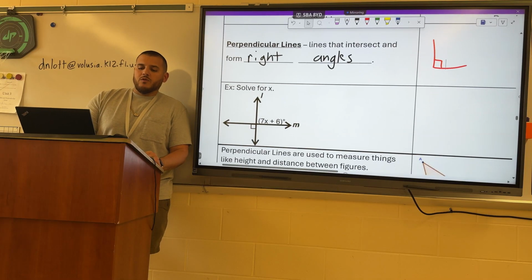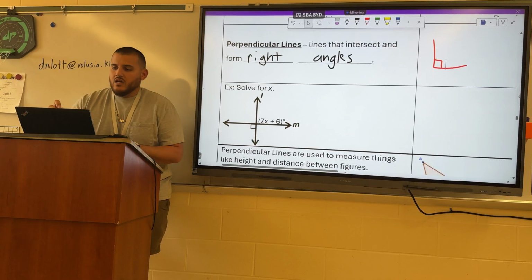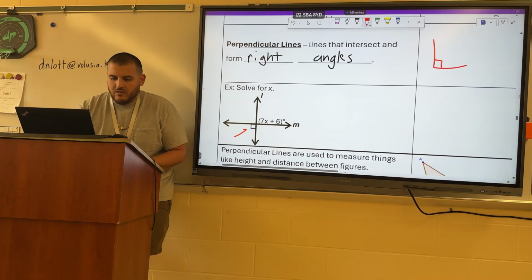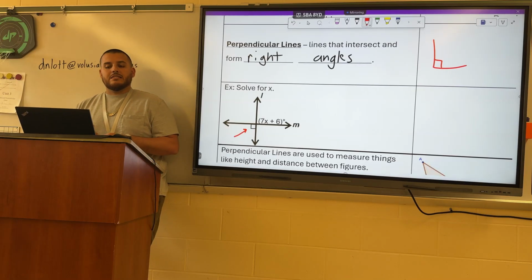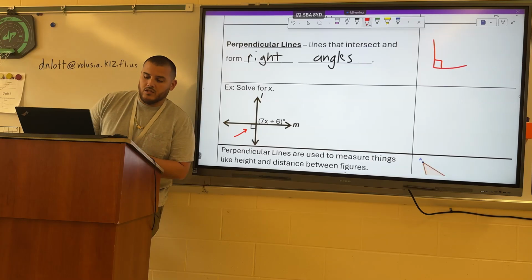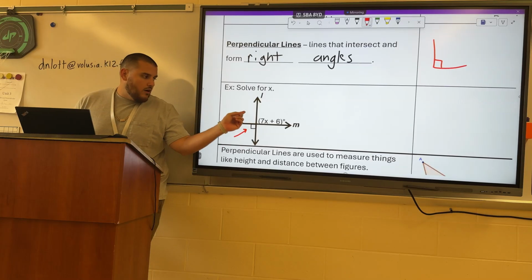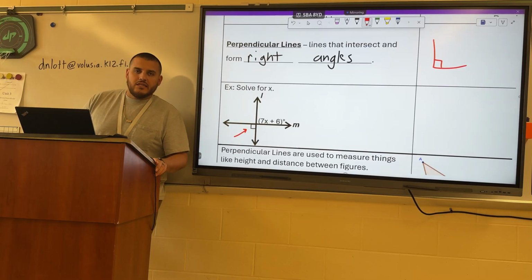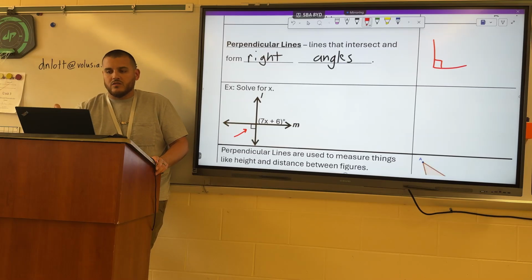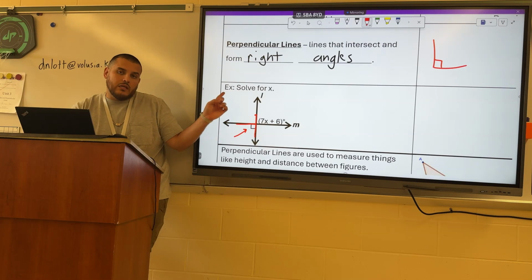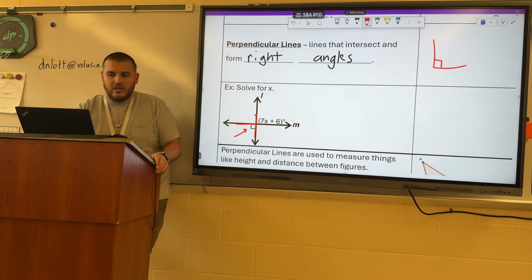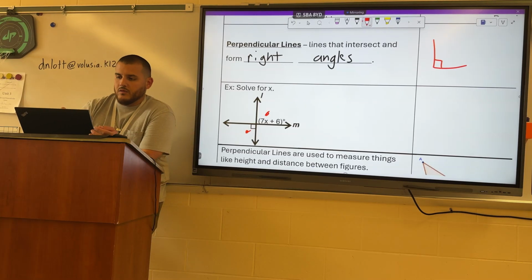So in our next example here where we have to solve for x, we just need to notice that there's a right angle here at the intersection of these lines that makes them perpendicular to each other. And if we have one right angle, then all 4 of the angles here at this intersection are going to have to be right angles, right? Because of things like linear pairs, side by side, have to add up to 180. So if this is 90, this is 90. And we can also use things like vertical angles, like these two across from each other must be congruent to each other.